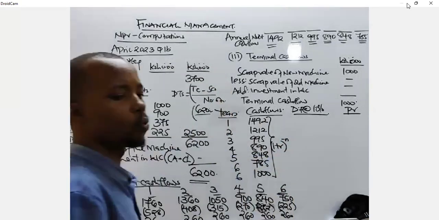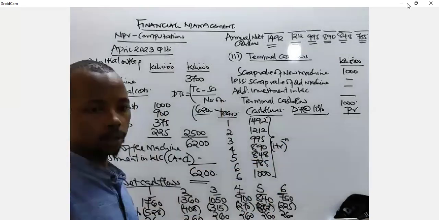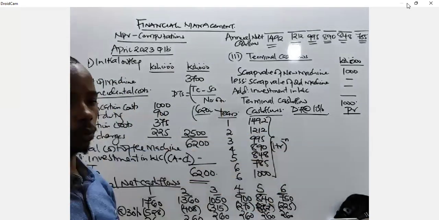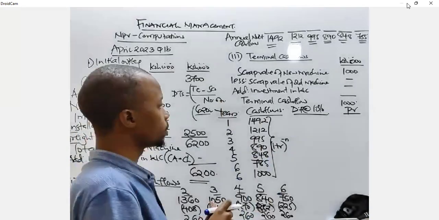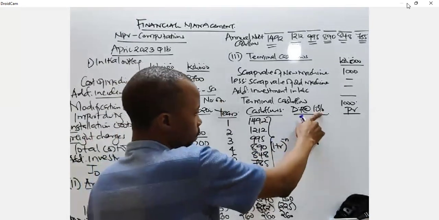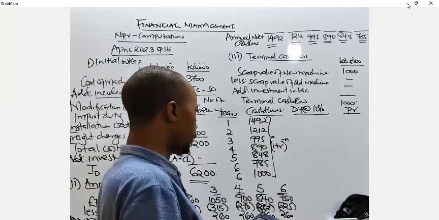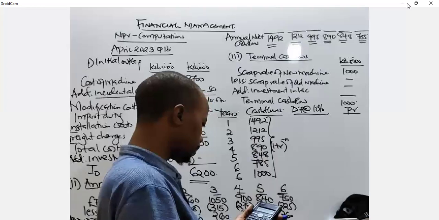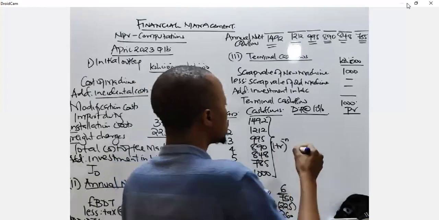There are people who like to use tables, but I like to use formulas. So how much will be the first one? The first one is 1 plus our rate, which is 10%, raised to the number of the year. So the first one will be 1.1 raised to the power negative 1.